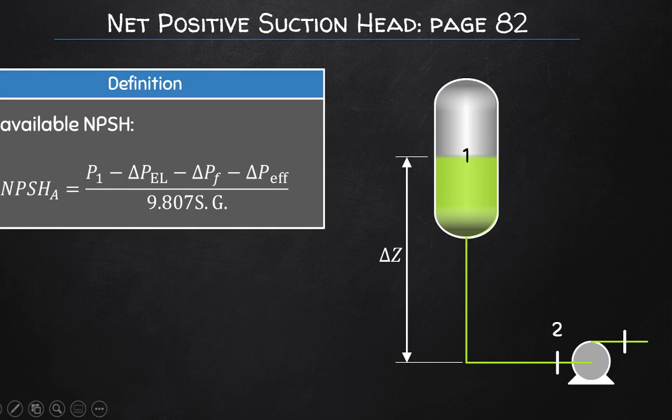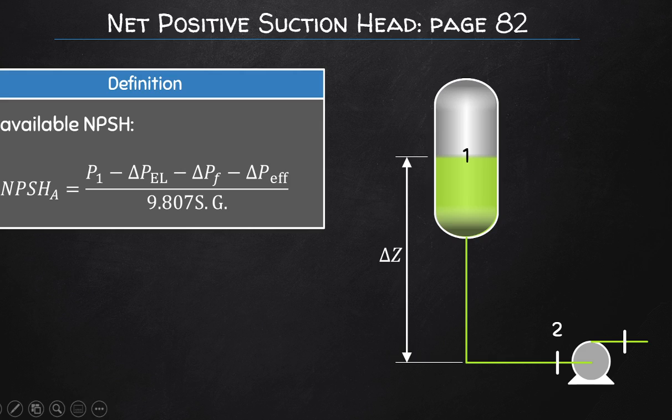Now the available net positive suction head is determined from the following energy balance, and it has units of meter typically instead of kilopascal, but obviously you can just convert that yourself back to kilopascal if you prefer working in those units. The reason why we use meter typically is because most pump curves that accompany pumps are graphed in meter rather than kilopascal, as this is better visualized when designing the heights of columns, vessels, etc.